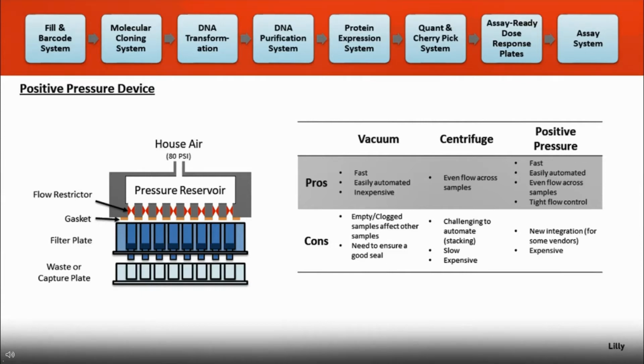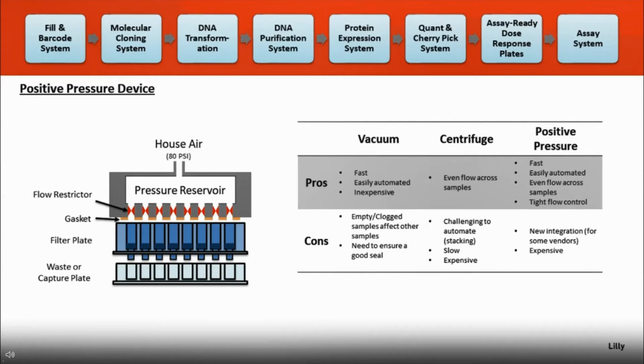And so that was a bit more of a red flag for the centrifuge-based method of handling filter plates. Whereas positive pressure is a bit more expensive, significantly more expensive than vacuum, kind of on par with automated centrifuges. But it's very fast, easily automated, and the flow control is very good. And so we opted to explore this route a bit further.